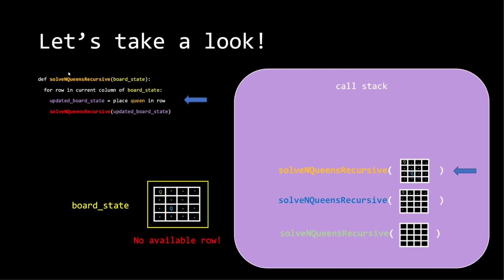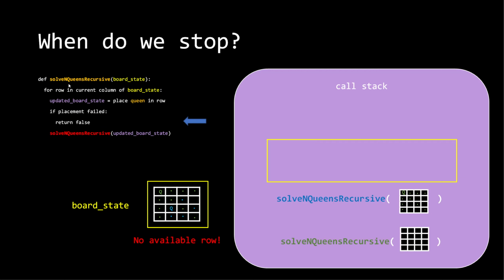But in this case, in this use of the recursion, we're just going to try placing in the rows and detect if it failed. The pseudocode might be a little unclear now that I'm looking at it again, but the idea is there. We try to place in this column, and if we fail, then we want to get out. We want to return false because we don't want to continue. There's no recursive call.